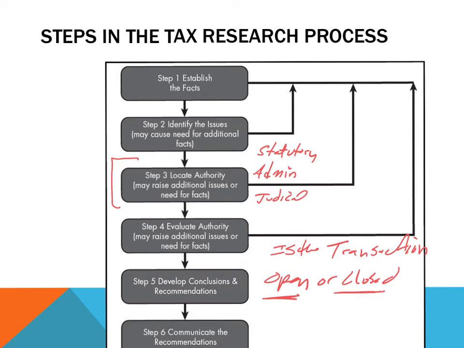All right. And then the final step is communicate the recommendations. This really is probably, I was going to say it's the most important step, but I'm going to rescind that because obviously you have to do good research and make sure that you find the appropriate answer and the appropriate authority. But a lot of situations can be made better or made less awkward if you have good communication, right?